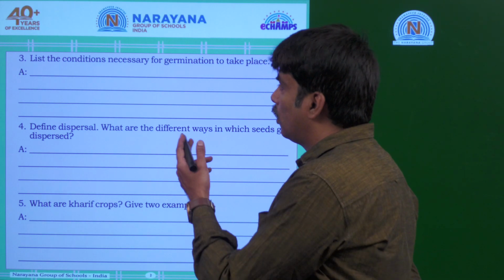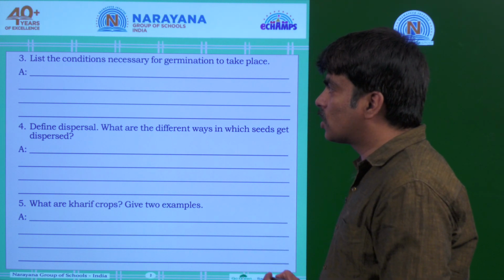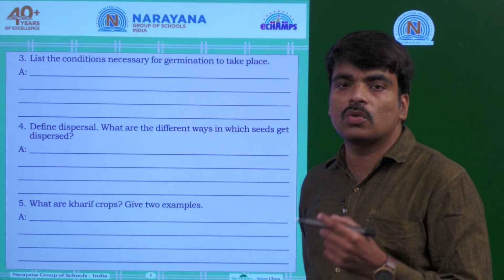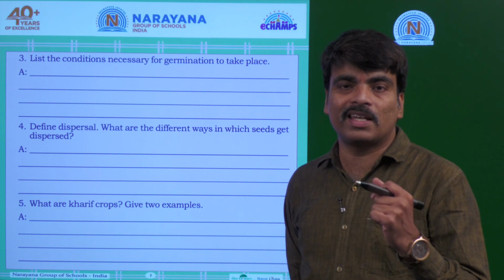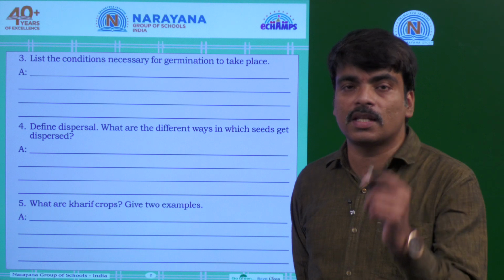Here comes the third question. List the conditions necessary for germination to take place. Under what conditions does a seed grow into a baby plant? What is essential?